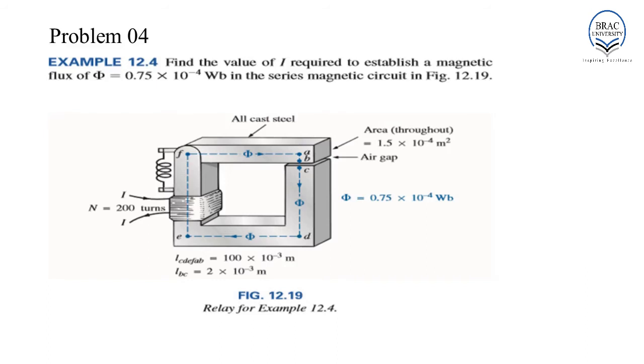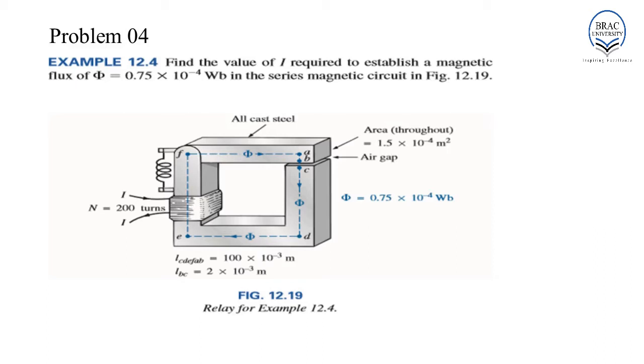Problem 4. Find the value of I required to establish a magnetic flux phi equals 0.75 into 10 to the power minus 4 Weber in the series magnetic circuit. So, in this electromagnet, the core is made of one type of material, that is cast steel. However, there is an air gap present.